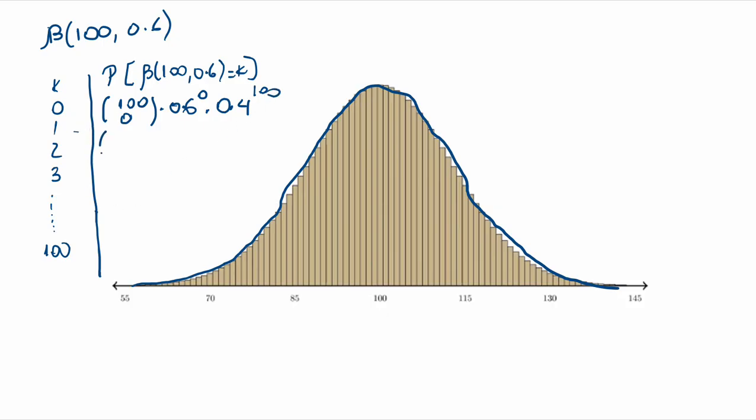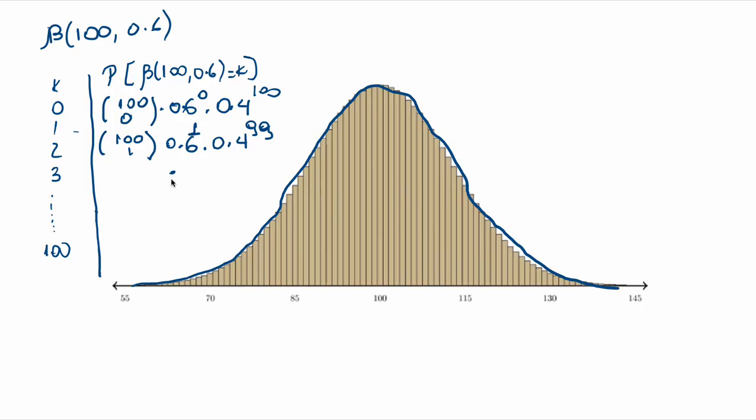What's the probability of having 1 heads, 1 success? Well, I take 100, I choose 1 to be successful, so the probability of heads will come up once, and the probability of tails will come the other part, which is 99. Do you remember this? We talked about this like 2 lectures ago.